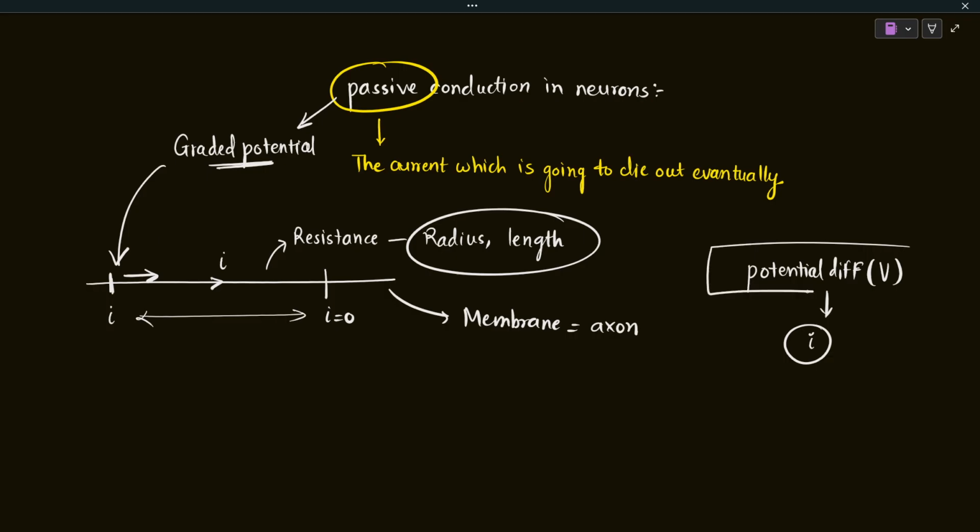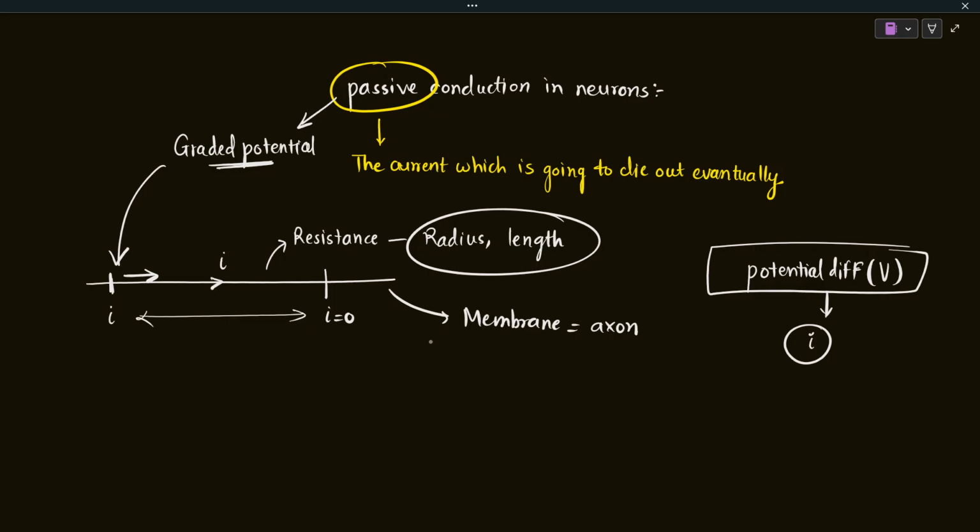So a potential difference results in current flow. The graded potential generated at this point will result in current flow from this point to this point, and it will eventually die out due to the resistance offered by the axon.